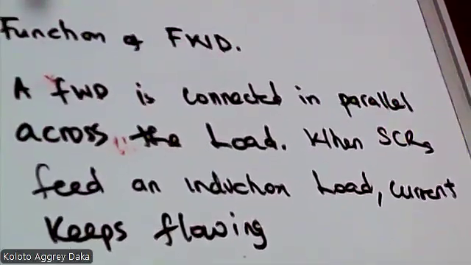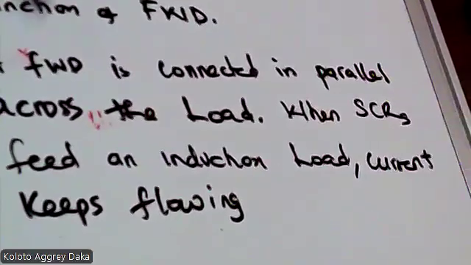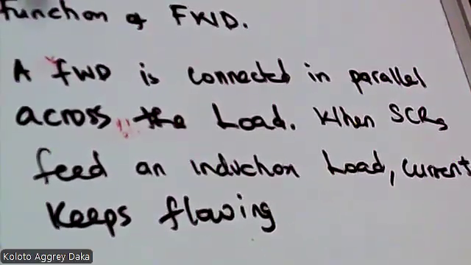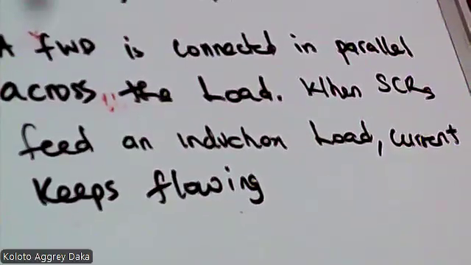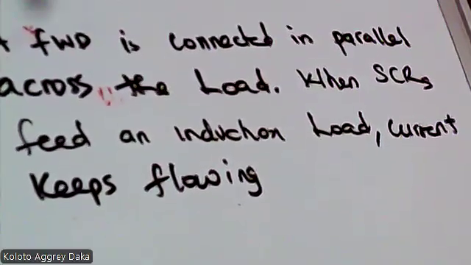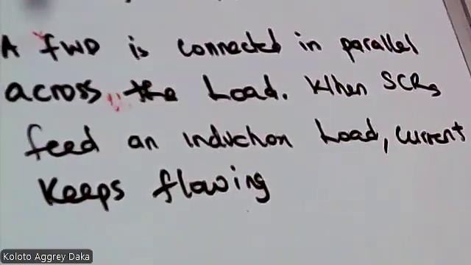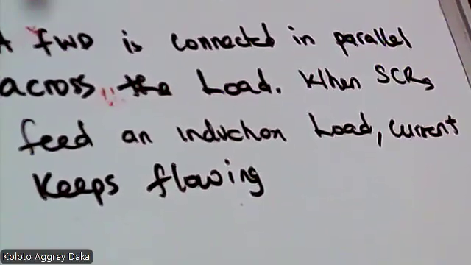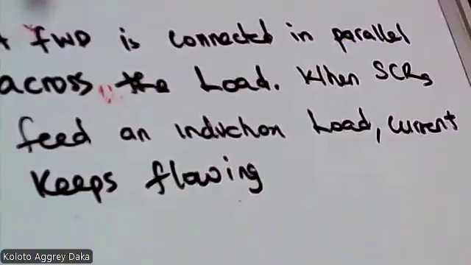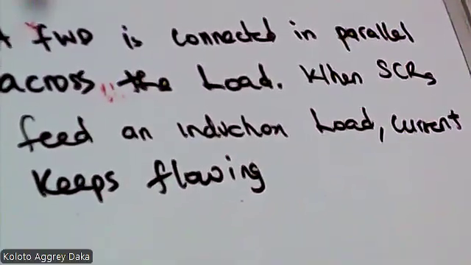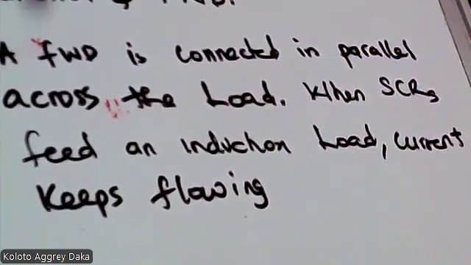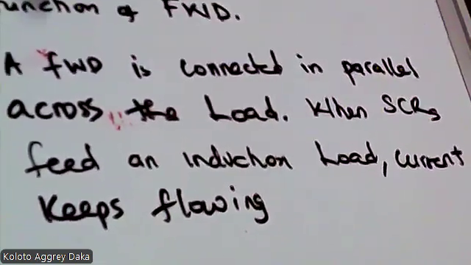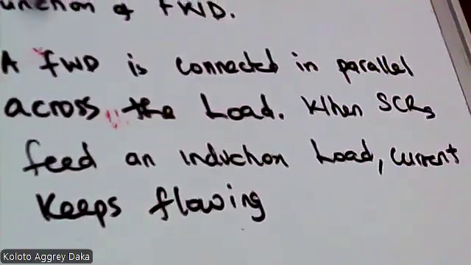Do we all remember what an inductor is? An inductor stores energy in terms of what? Current. A capacitor stores energy in terms of what? Voltage. So, capacitor is to voltage as inductor is to current. So a freewheeling diode is connected across the load.